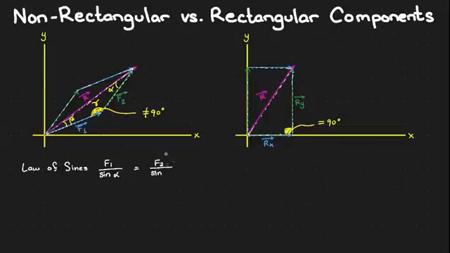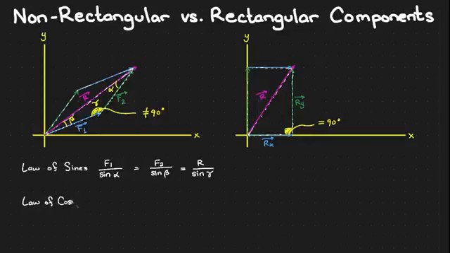The angle that is opposite of F2 is beta, and that's equal to the third side in that same triangle, which is of course the resultant, over the sine of the angle that is opposite of the resultant. Well, that's just equal to gamma. So again, this is an equation that relates the lengths of the sides of an arbitrary triangle to the sines of its angles.